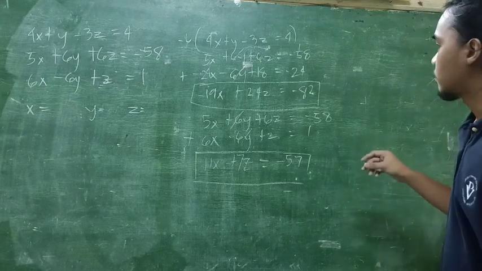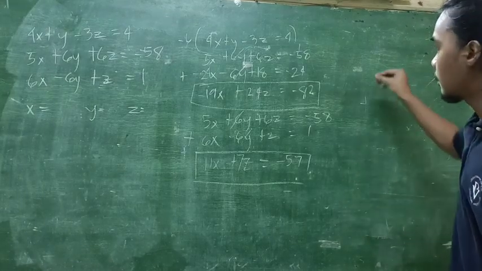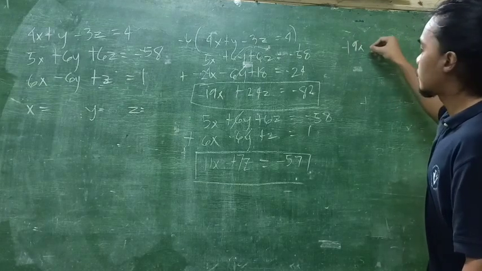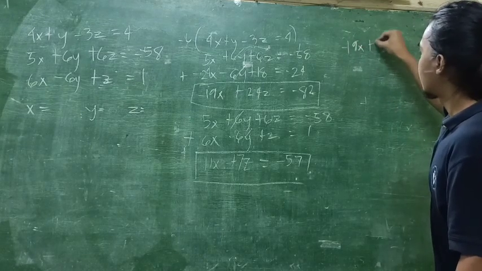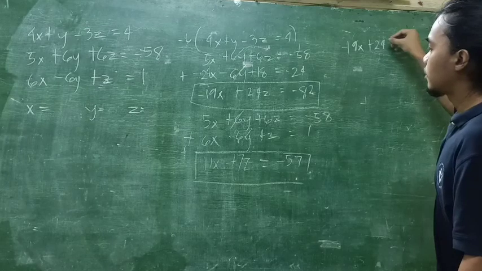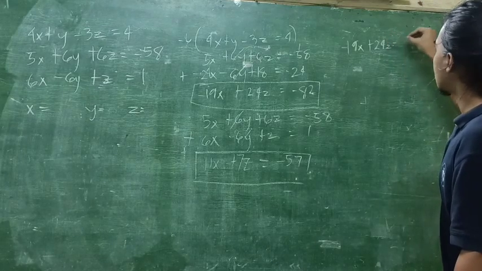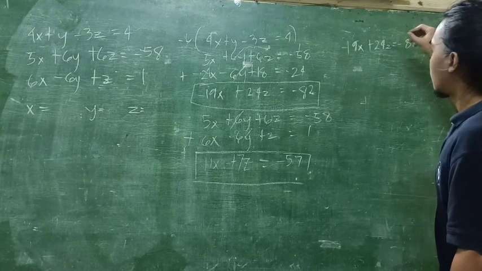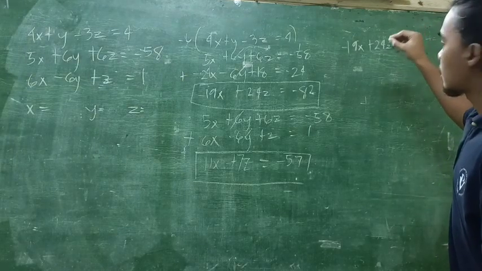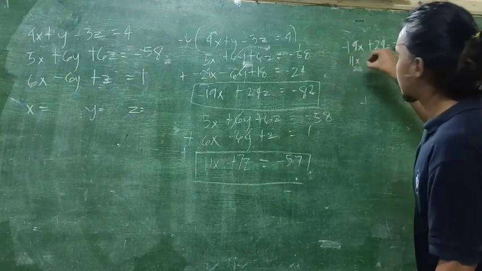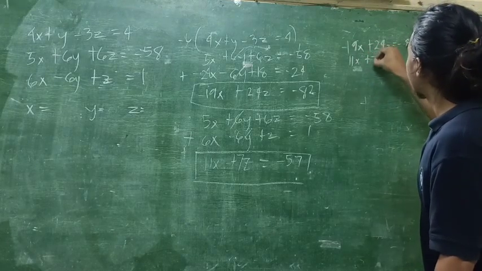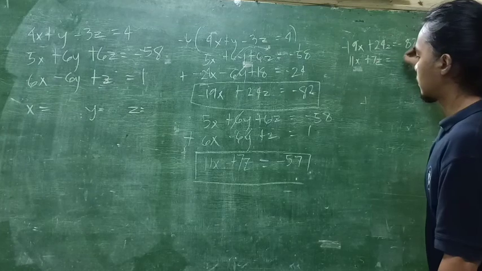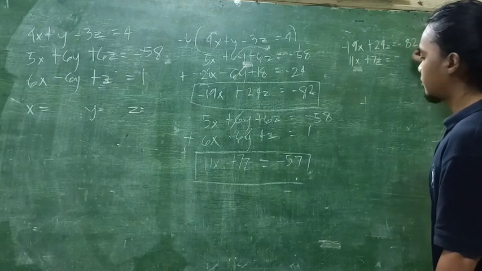So you just have to write negative 19x plus 24z equals negative 82, and 11x plus 7z equals negative 57.